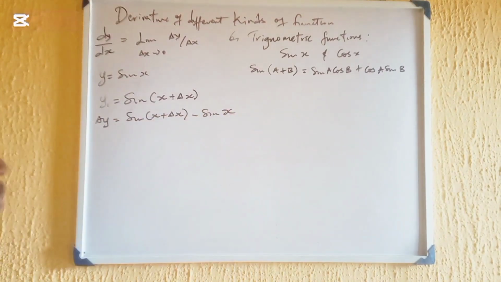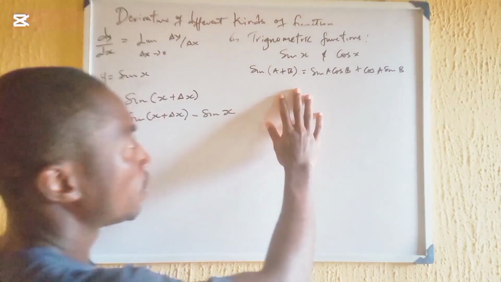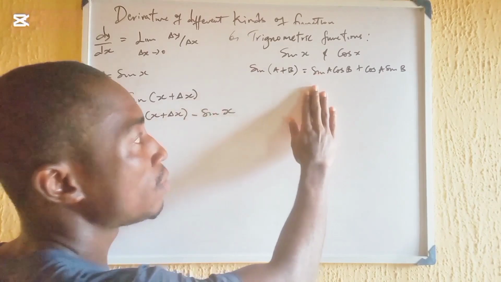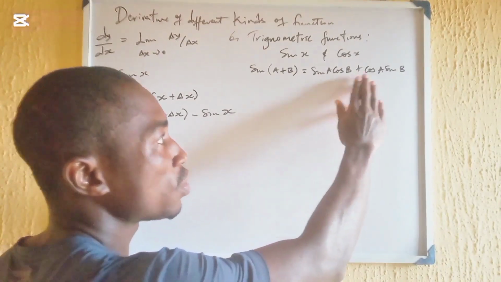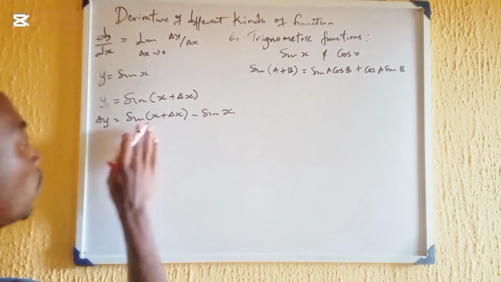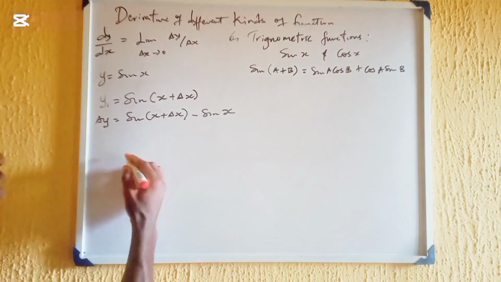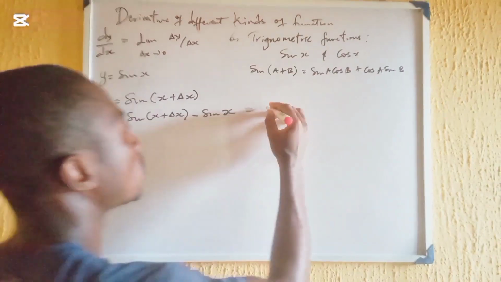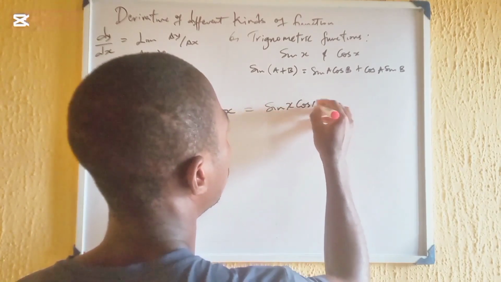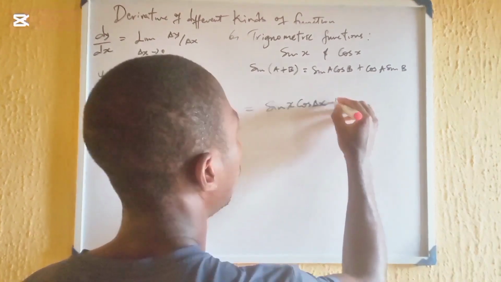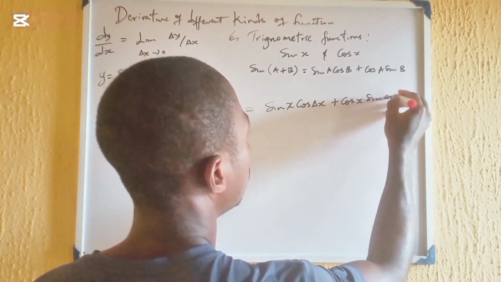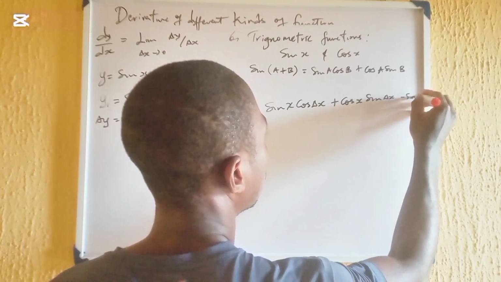Now from trigonometric relationship, sin(A + B) is the same thing as sin A cos B plus cos A sin B. So we apply it here by expanding sin(x + change in x). So this gives us sin x cos(change in x) plus cos x sin(change in x) minus sin x.